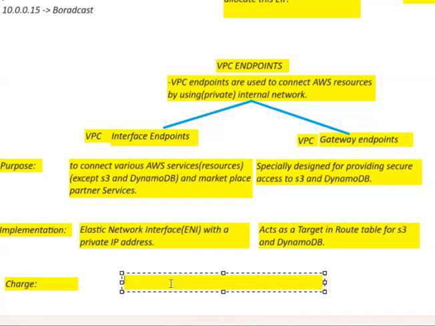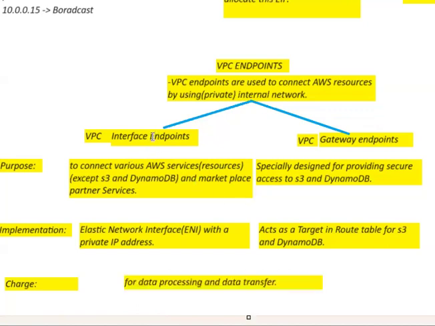We will be charged for data processing and data transfer. We will be charged for both in VPC interface endpoints and in gateway endpoints.